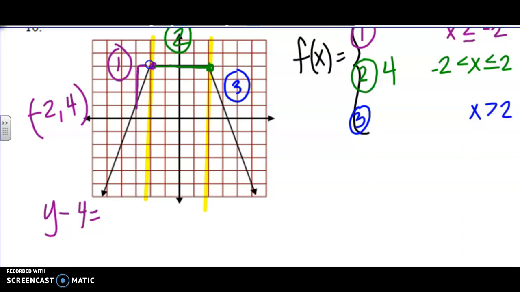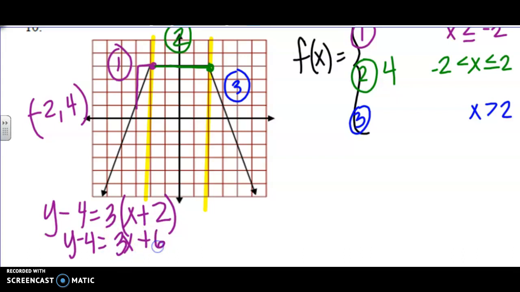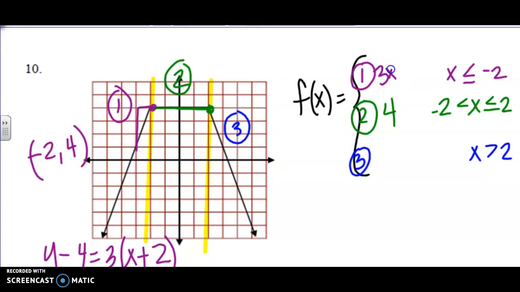The slope is up 3 over 1, so I know the slope is 3, and then do x minus -2. And we can then figure out our equation of the line that way. So if I add 4, I get y equals 3x plus 10. So this one is going to have the equation 3x plus 10.